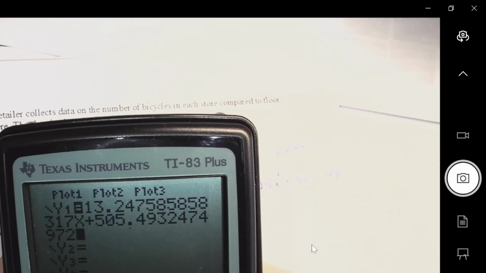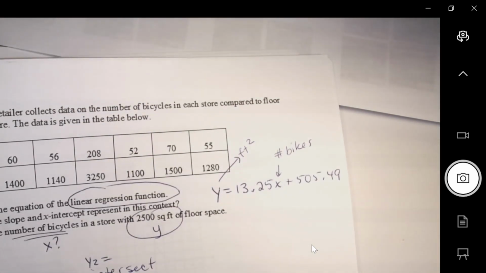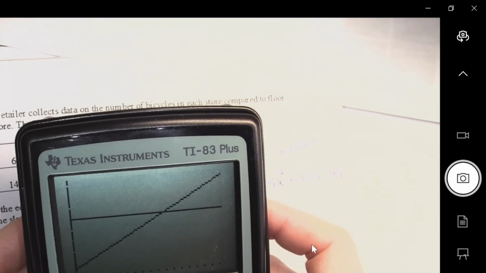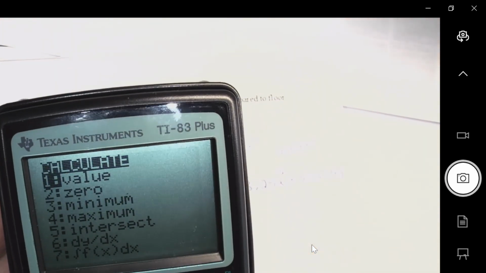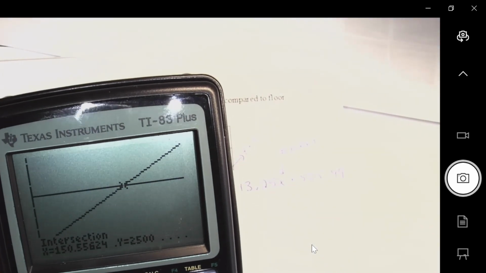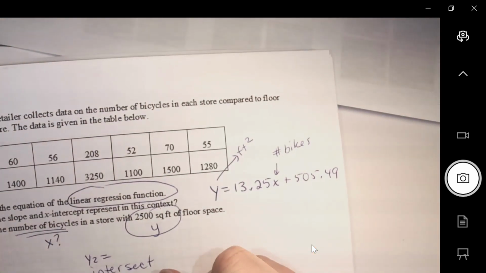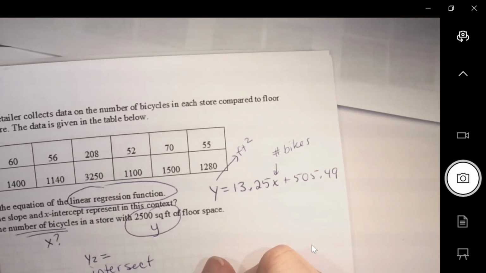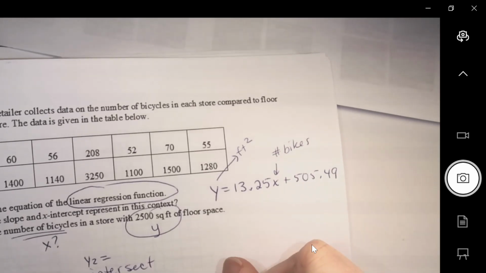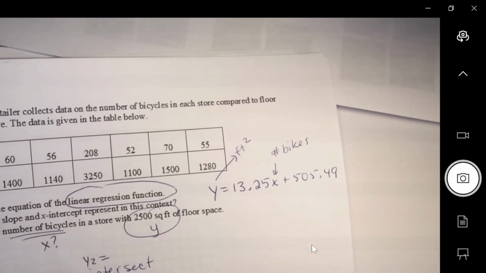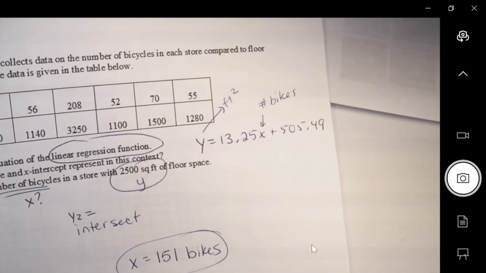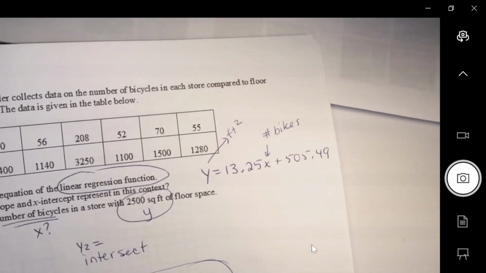So y2 intersect. Yeah, I would do this to a whole number if it's bicycles. Yeah, I just rounded up because it was 0.55.